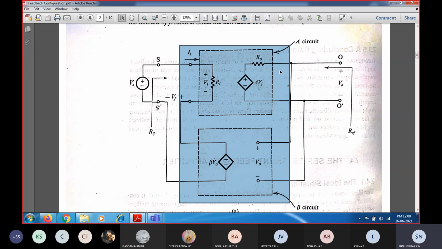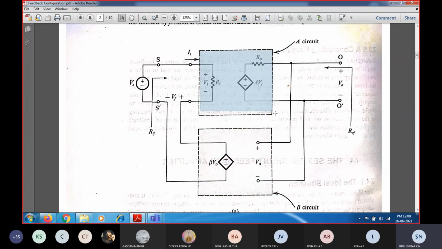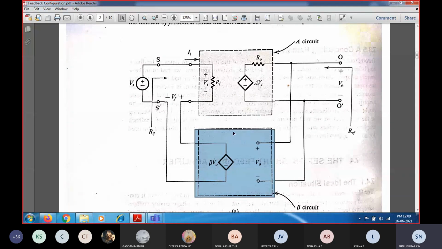Another important thing you should remember is that this is nothing but an amplifier circuit. The loop gain A into beta is dimensionless. Why? For the amplifier A, the output is a voltage and the input is also a voltage, that is volt per volt. For the feedback network beta, the input voltage and output voltage are both in volts, so it also has volt per volt as the unit.